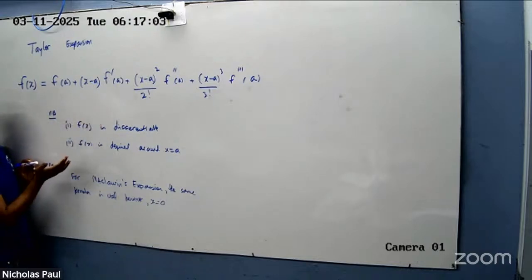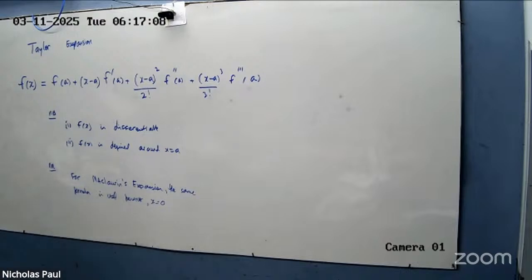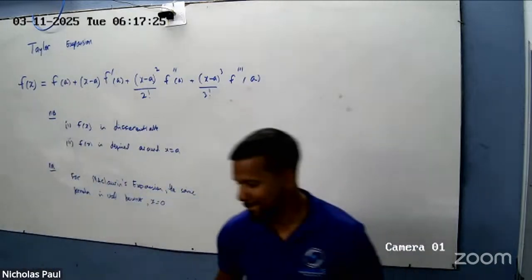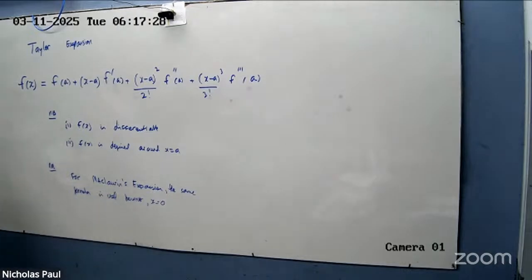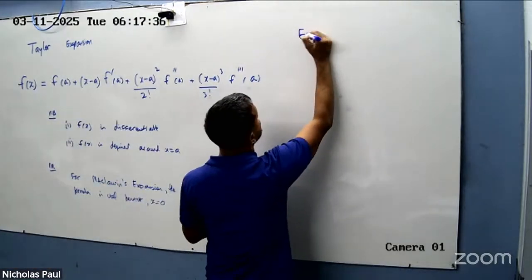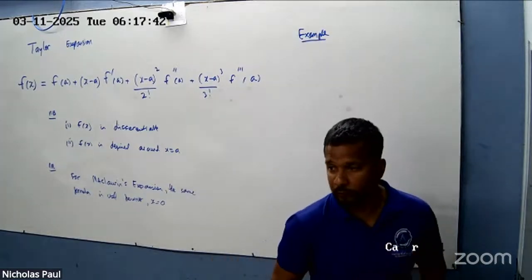Well, you wouldn't see anything, you just see x or x squared and so on. Ready?